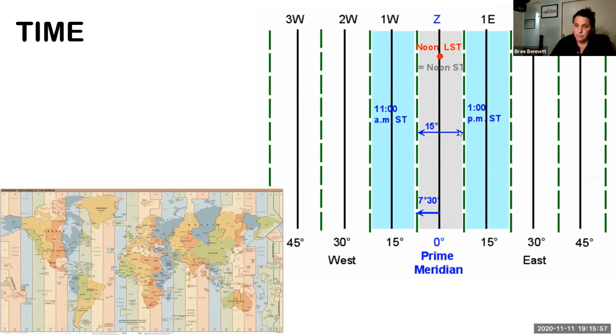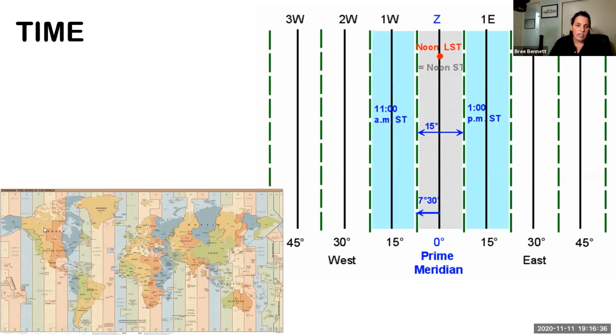So 0 is the central meridian of the time zone, and it's 15 degrees total. From my 0, it's 7 degrees and 30 minutes to either side of that central time meridian to give me my 15-degree window of zone description, if you will.